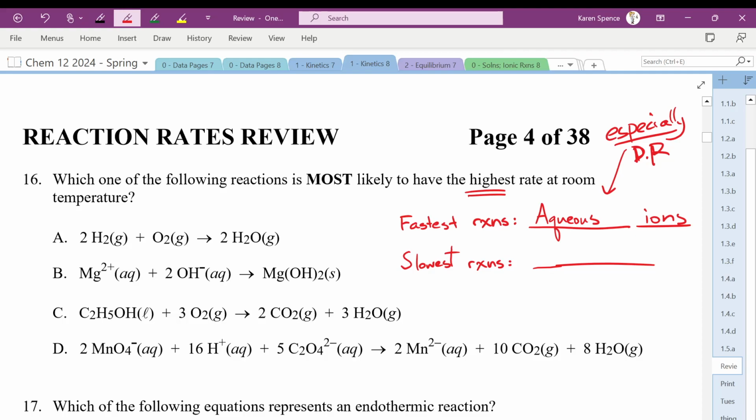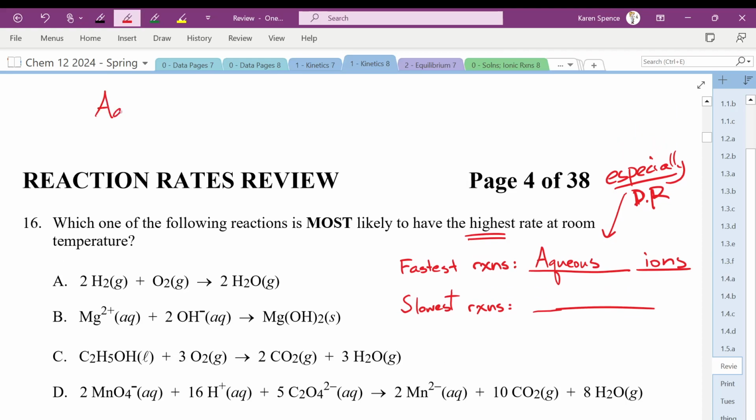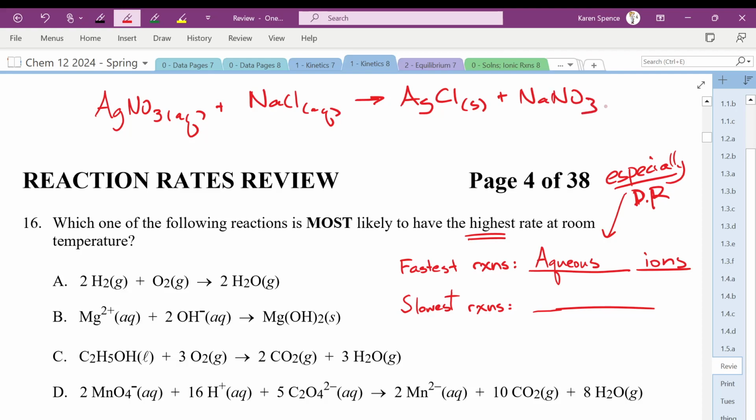Because any double replacement reaction, let's just take a look at a really simple one. We have silver nitrate, AgNO3, aqueous plus NaCl, aqueous goes to AgCl solid plus NaNO3 aqueous.